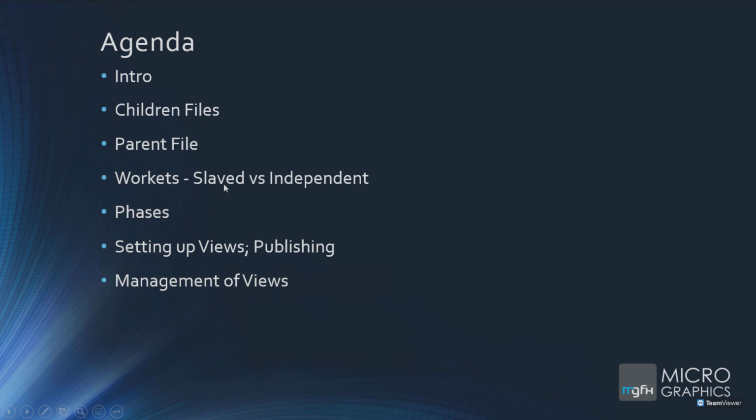Worksets, that is what we use when we have the full Revit and we are working in team on a model. And we also use worksets when we link other models into our model.